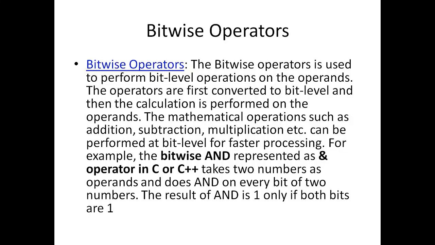So here we are going to use the single AND against the logical operators. When we are using logical operators, we are using two ANDs. Here we are going to use the single AND. Other than that, the rules of the logical operator remain same, but it works at the binary level.